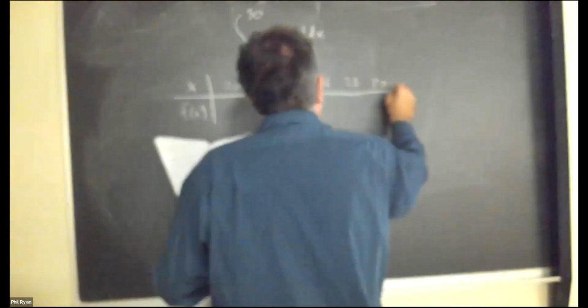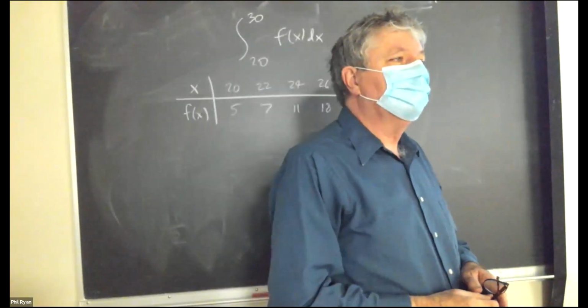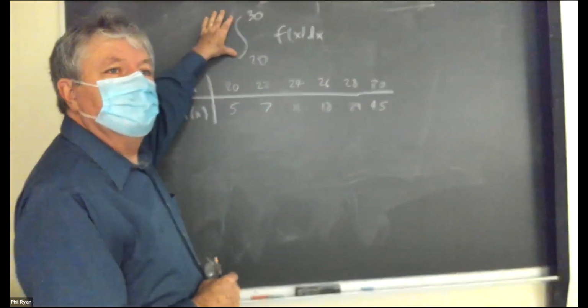So here's x: 20, 22, 26, 30, and f: 5, 7, 11, 18, 45. Okay, so this is exactly the kind of problem that we did yesterday, but now I'm just wording the problem to ask you to do an integral.